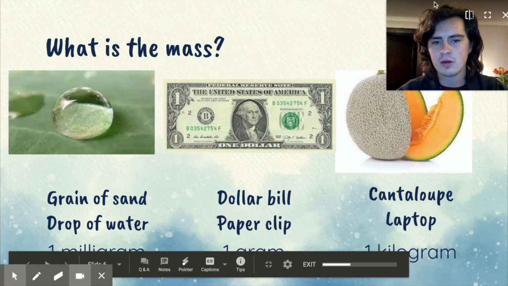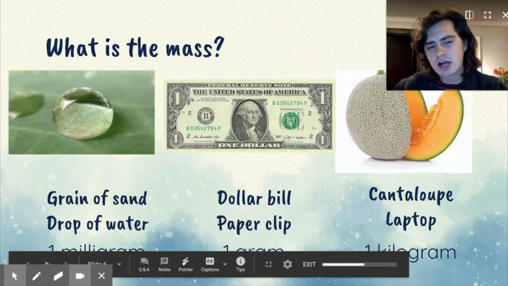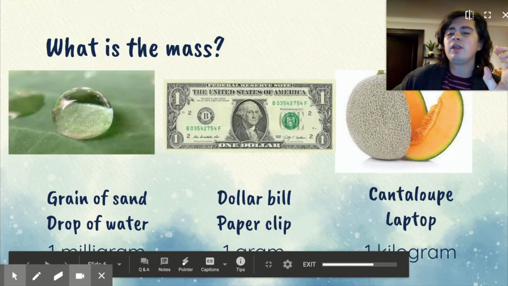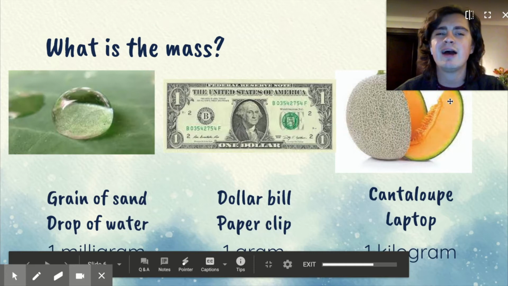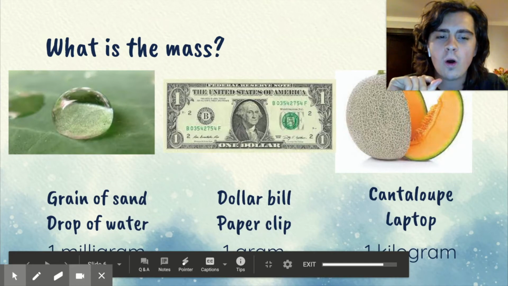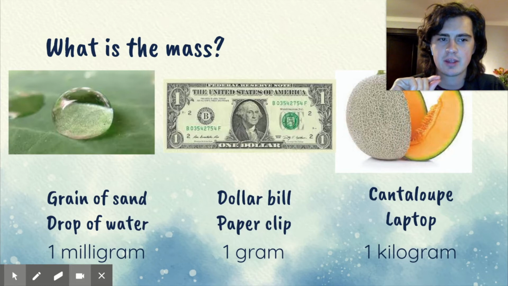So we're going to talk about how we can measure mass with the metric system of kilograms and grams. We're trying to figure out what is the mass of a couple different objects. And I just want you to understand a couple basic objects. So on the left here, we have what is the mass of a grain of sand, so one tiny little grain of sand, or what is the mass of a drop of water?